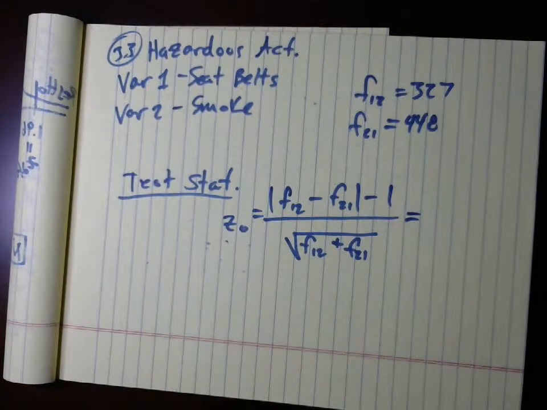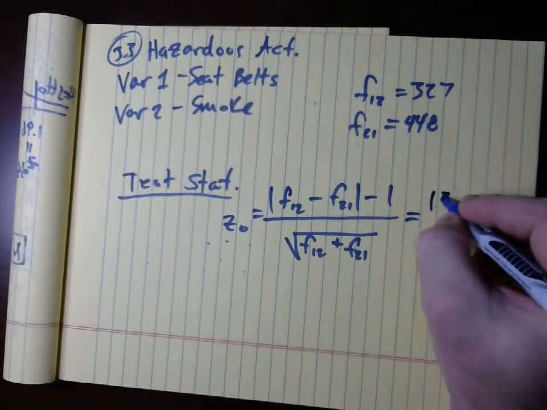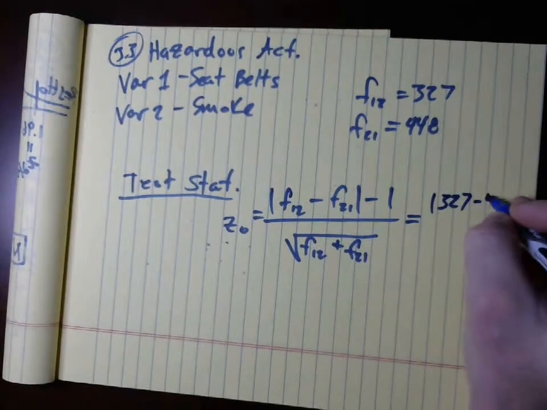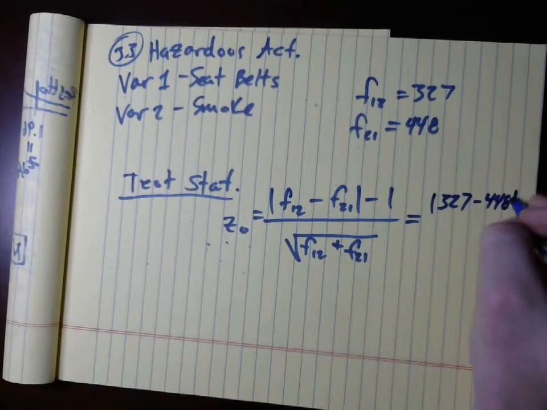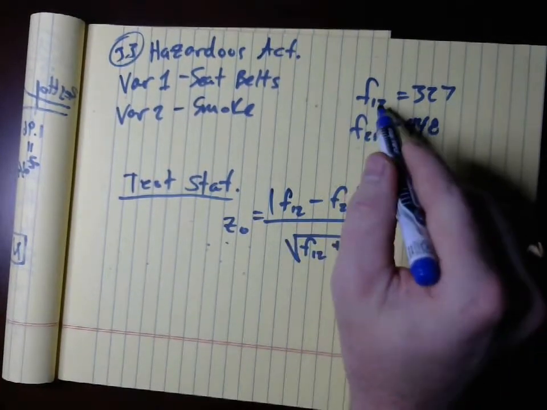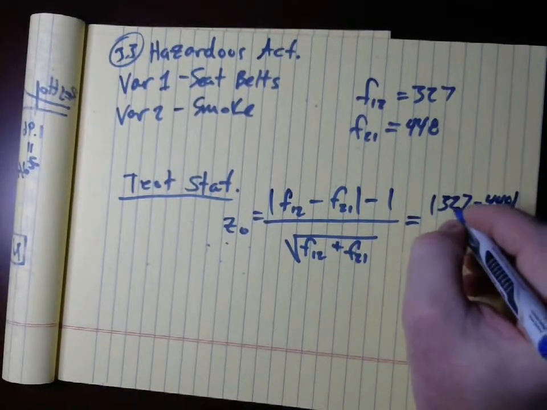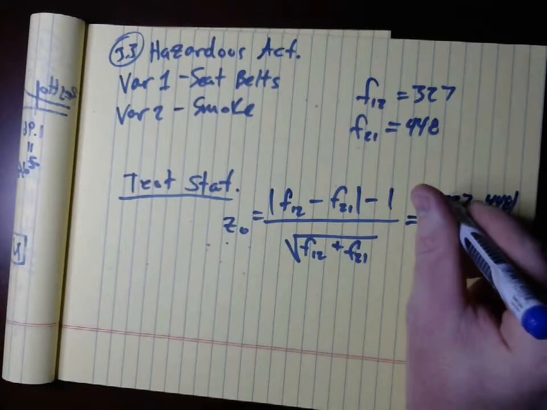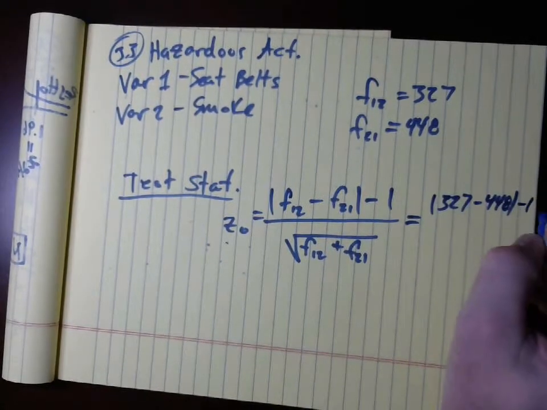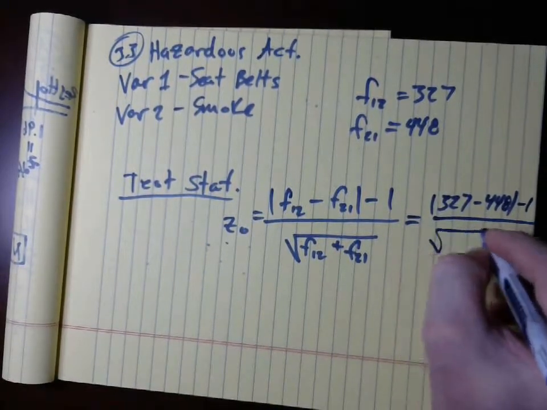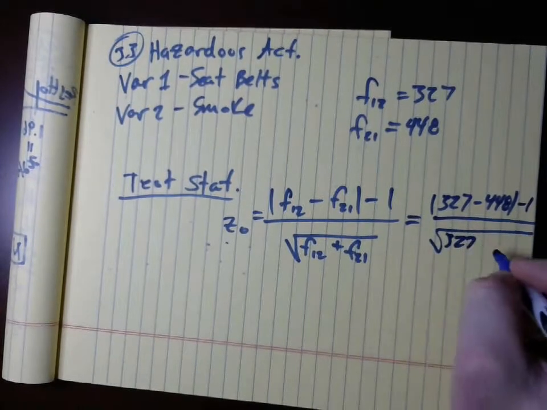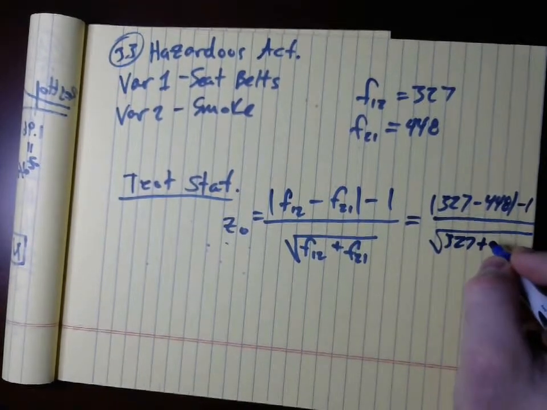So what we would do here is 327 minus 448, and it doesn't matter which one you choose to be 1, 2, or 2, 1. It didn't matter if you do 448 minus 327, because we're taking the absolute value. Subtract 1 over the square root of 327 plus 448.